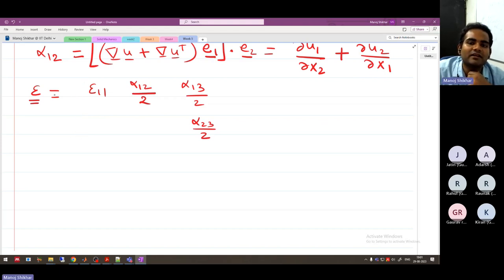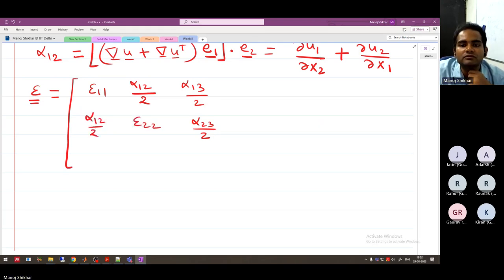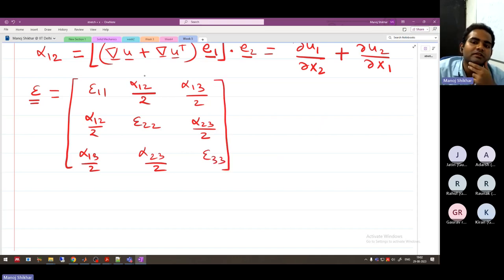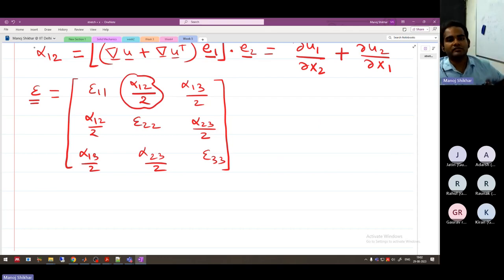Now, since this is a symmetric tensor, the off diagonal elements I can directly write as alpha 1 2 by 2, alpha 1 3 by 2, alpha 2 3 by 2, and this is epsilon 3 3. Remember these terms are half of the actual shear strain. Keep this in mind. Many students make mistakes there.